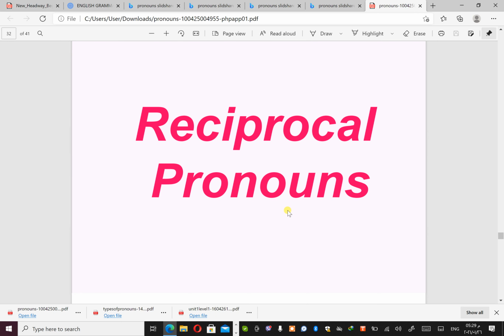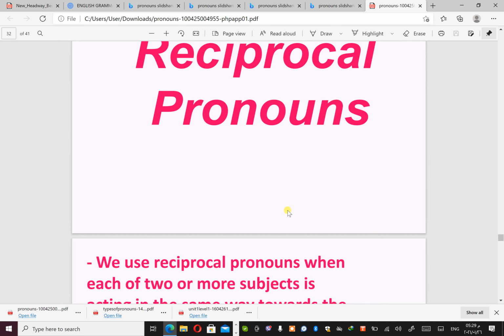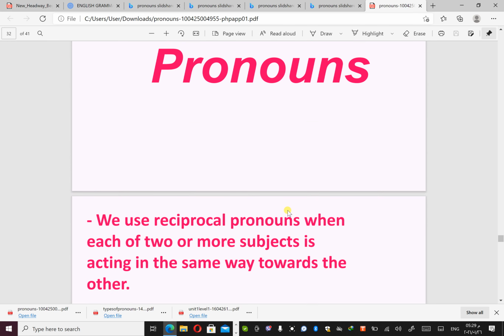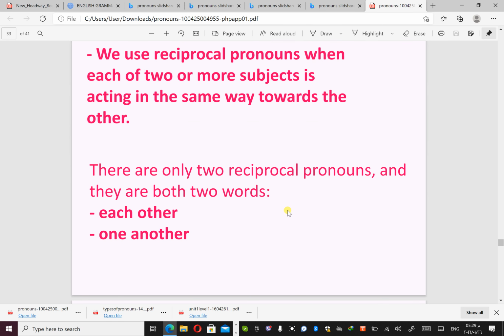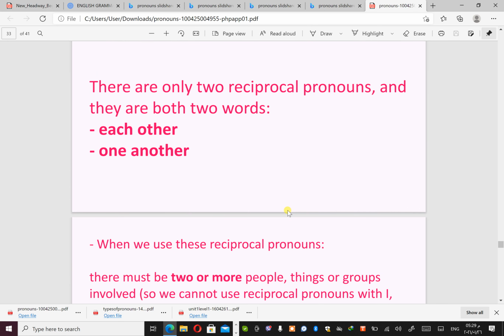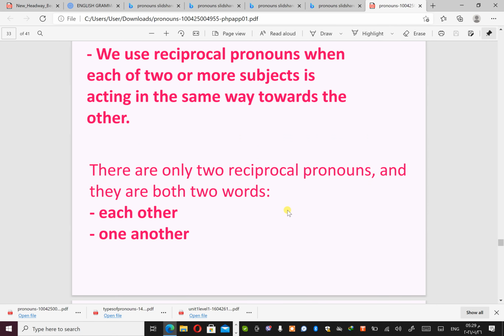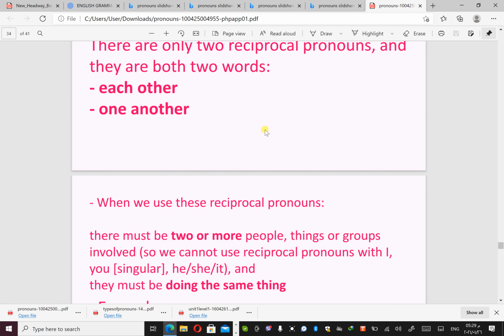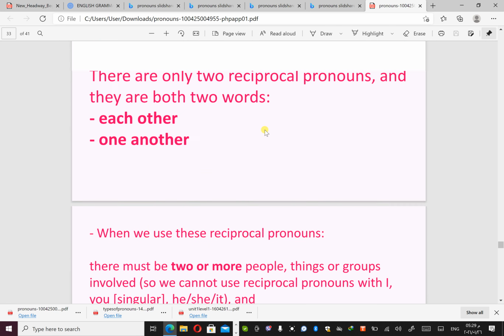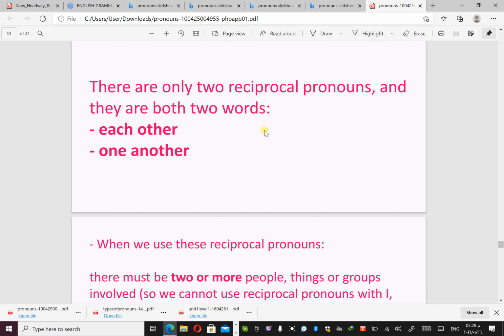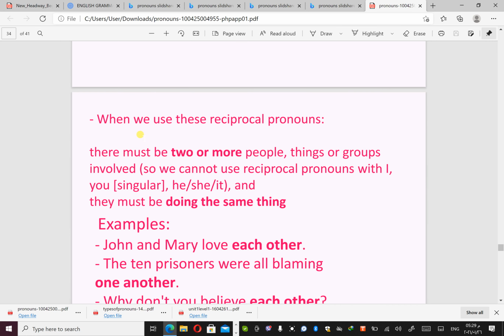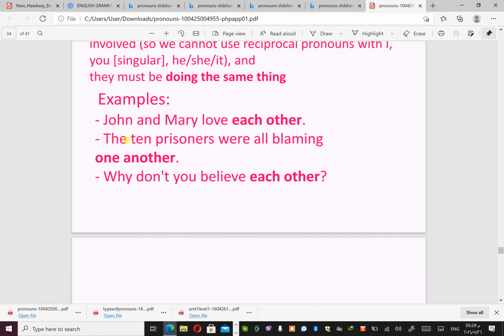Here we have another, reciprocal pronoun that we also use in English. It is when you use each other or one another. These two expressions we use together to refer to pronouns. For example, John and Mary love each other, so it comes together as each other.